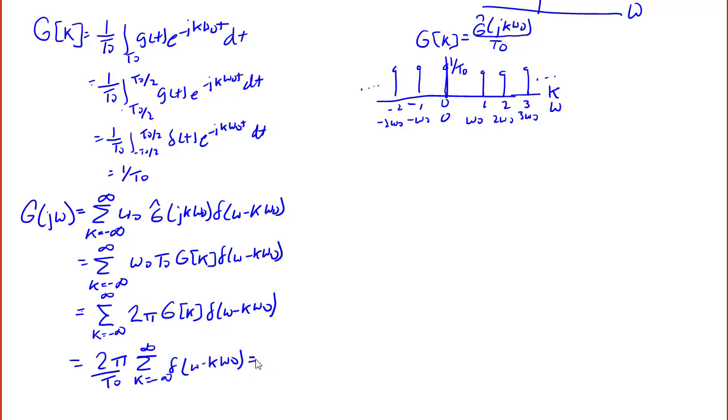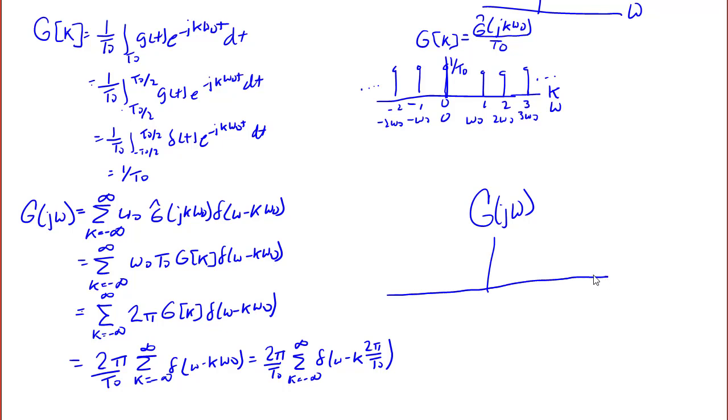Notice you could also write this as 2 pi over t naught, the summation from k is equal to negative infinity to infinity, delta of omega minus k 2 pi over t naught. And so the last thing we're going to do is make a sketch of g of j omega. So the sketch of g of j omega is an impulse train.